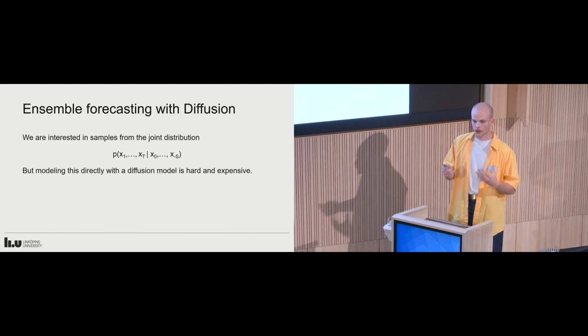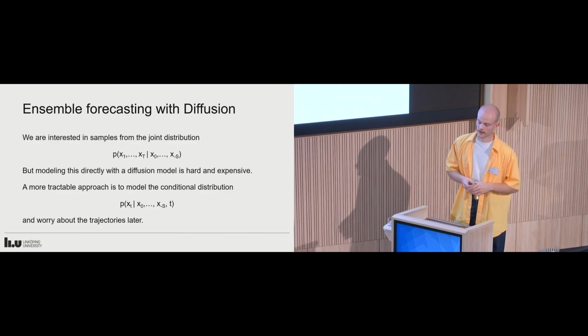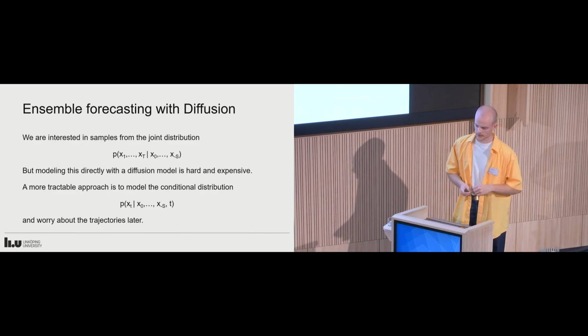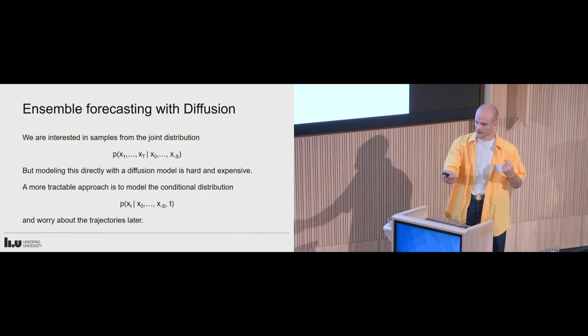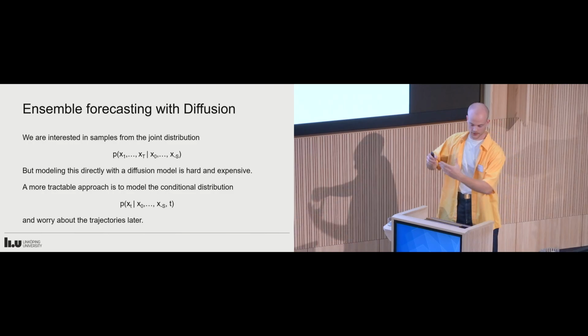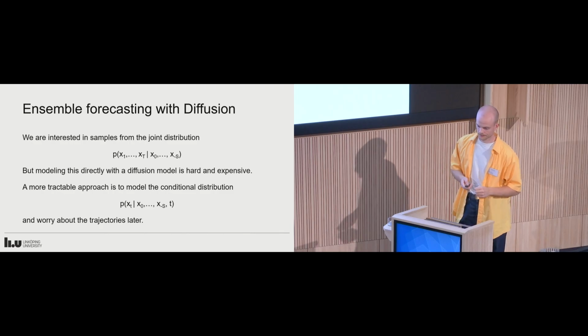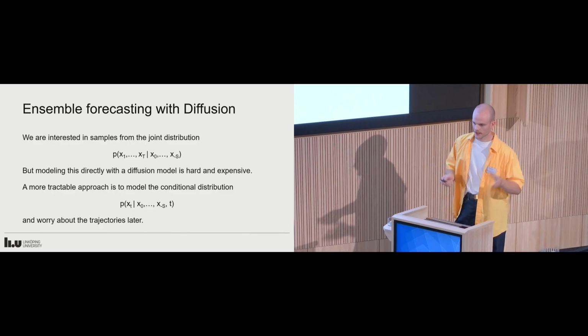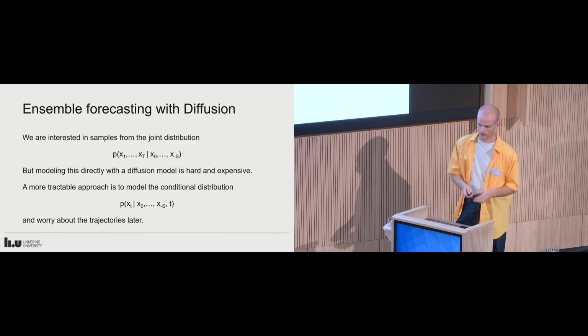So the approach that's been taken in weather forecasting is to instead model this one-step conditional distribution, the distribution of x_t into the future given some previous history, and sometimes conditioned also on the t into the future. And then we say we train a model for this, and the trajectories are just a sampling problem. So we worry about that later.